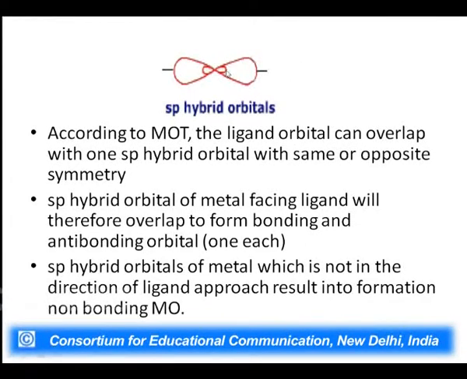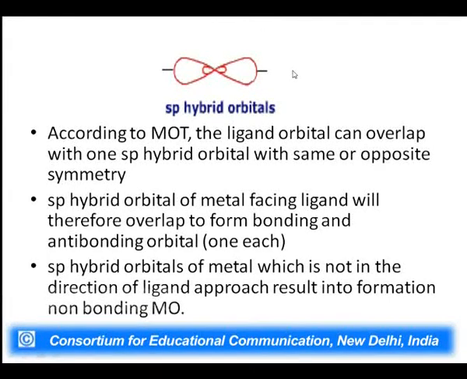One lobe designates one of the sp hybrid orbitals, and the second lobe shows the second sp hybrid orbital of the metal. Now let us say the ligand approaches the metal from this side, so it is likely to affect the energy of this particular sp hybrid orbital.